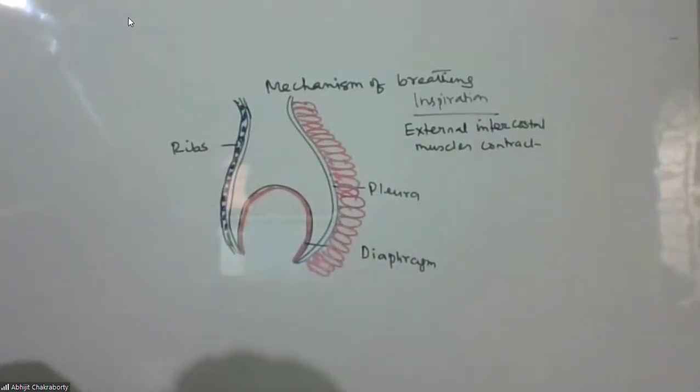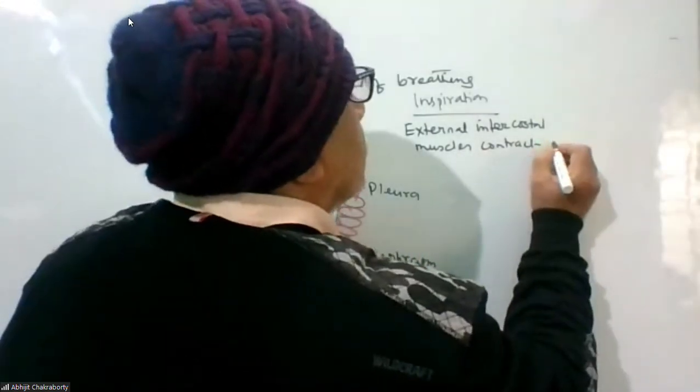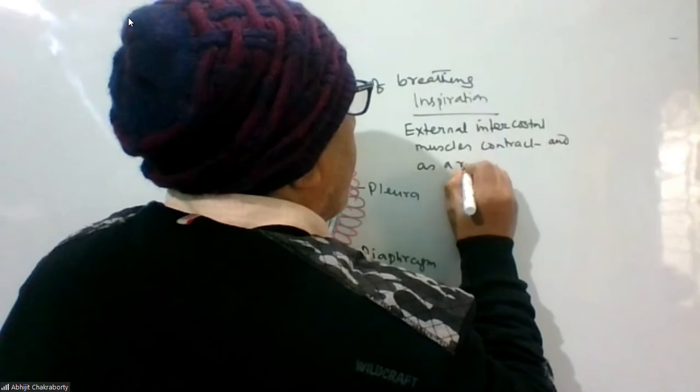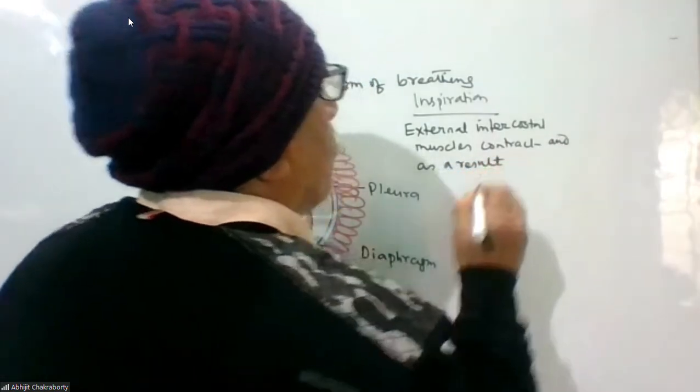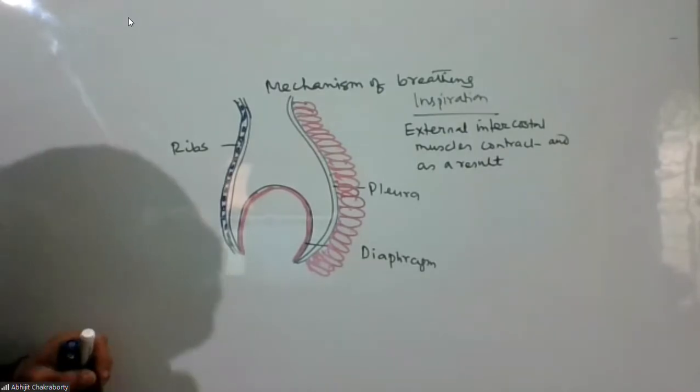And as a result, due to the contraction of external muscles, the ribs move upward and forward.